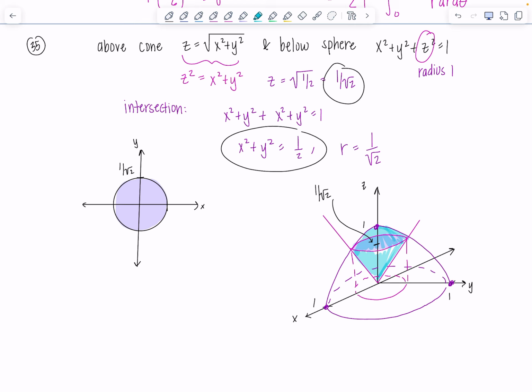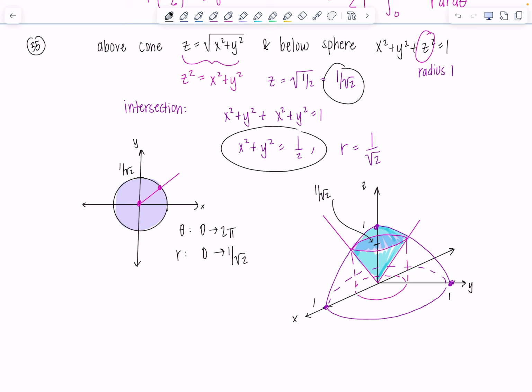Okay. So let's set up our limits of integration. Theta will go from 0 to 2 pi. We're going all the way around. And then r is going to go from 0 to 1 over root 2.